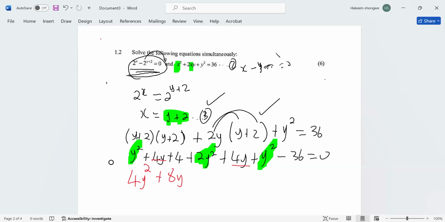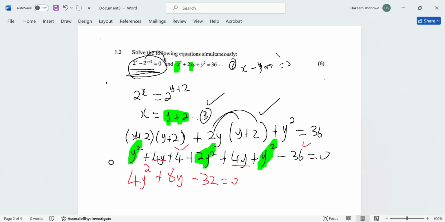Then 4 goes with 36. It gives us minus 32 equal to 0. And then from here, we are going to divide everything.